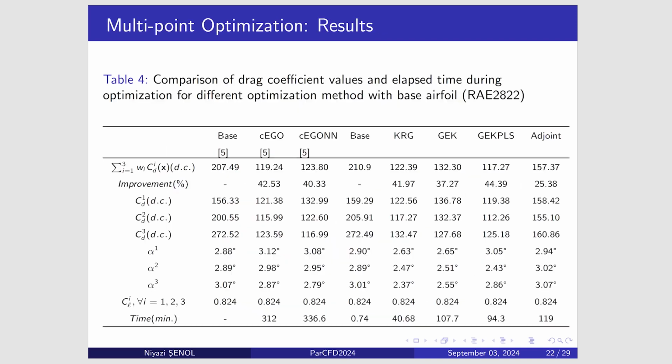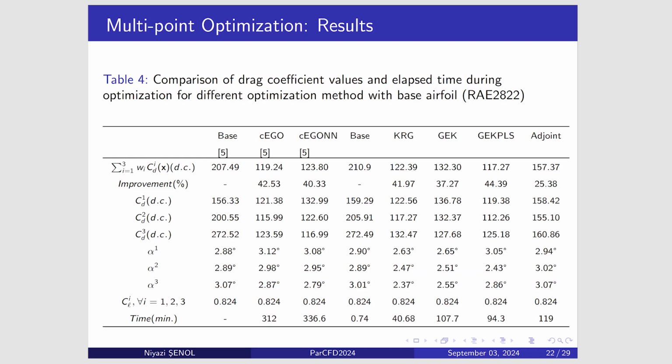This is the multi-point optimization results. We have the base, EGO and EGO neural network, and we have the base, Kriging, GEC, GEC-PLS, and adjoint. Here, our GEC improvement is not good. I think it's due to the high number of design flight conditions. But GEC-PLS is higher than the other methods.